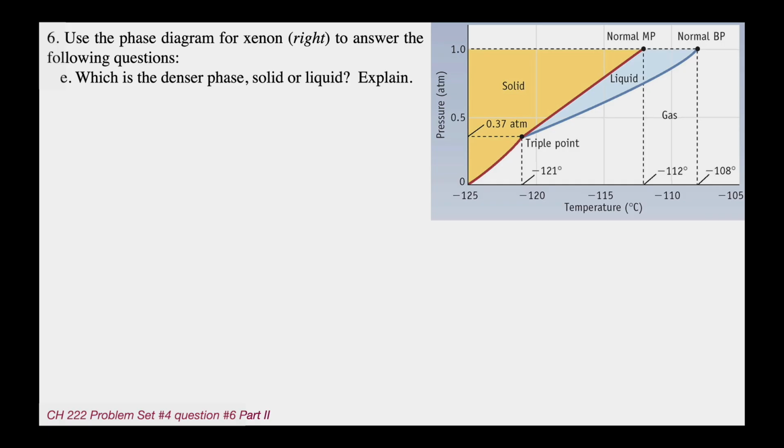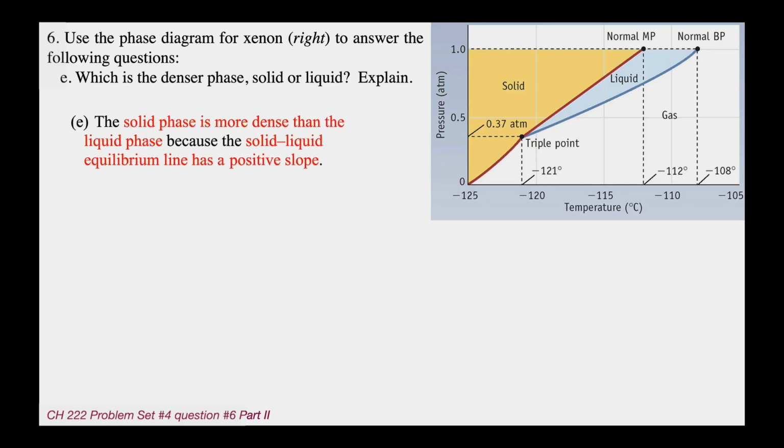So a positive slope between solid and liquid means that the solid phase is actually more dense than the liquid phase. So anytime you see a solid-liquid positive slope line, and again, that's that one right there, that means the solid phase is going to be more dense than the liquid phase.